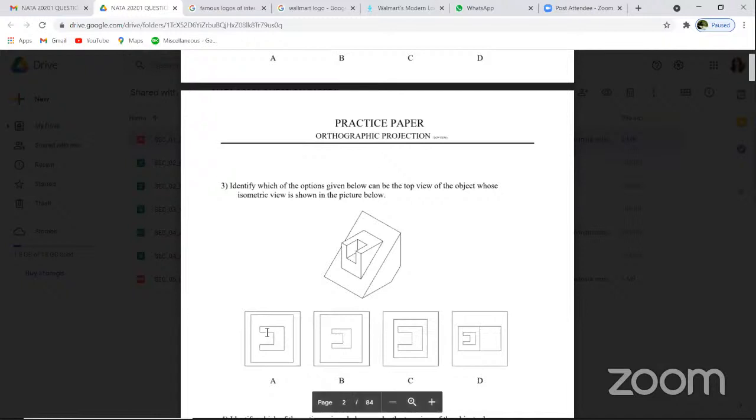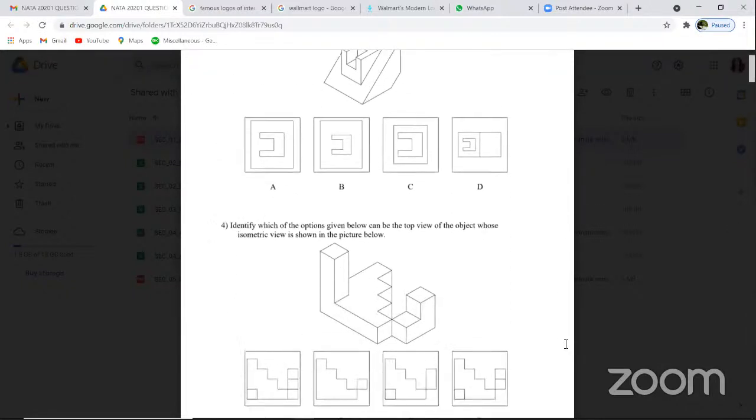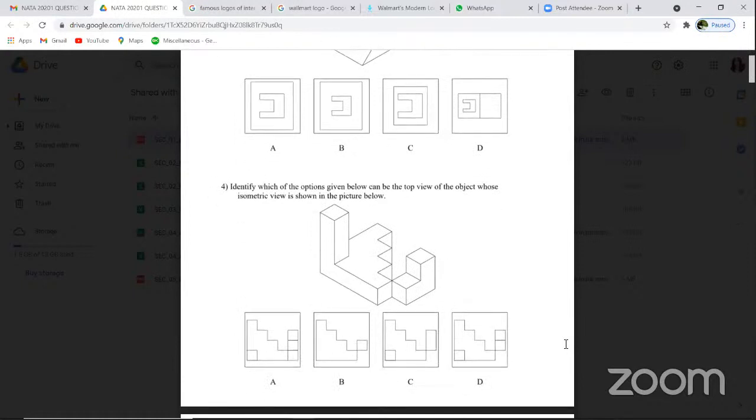Okay. As you guys said, as pointed out, there should be a line here. Otherwise, if the line is there, then option D is correct.